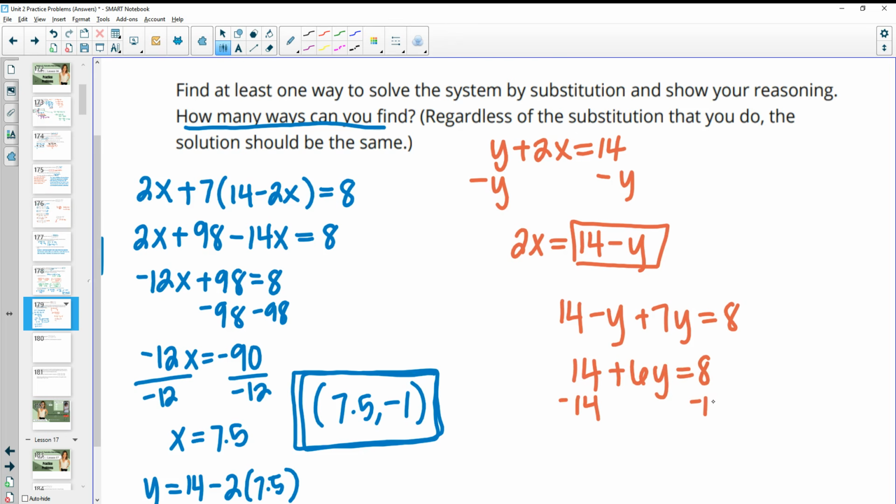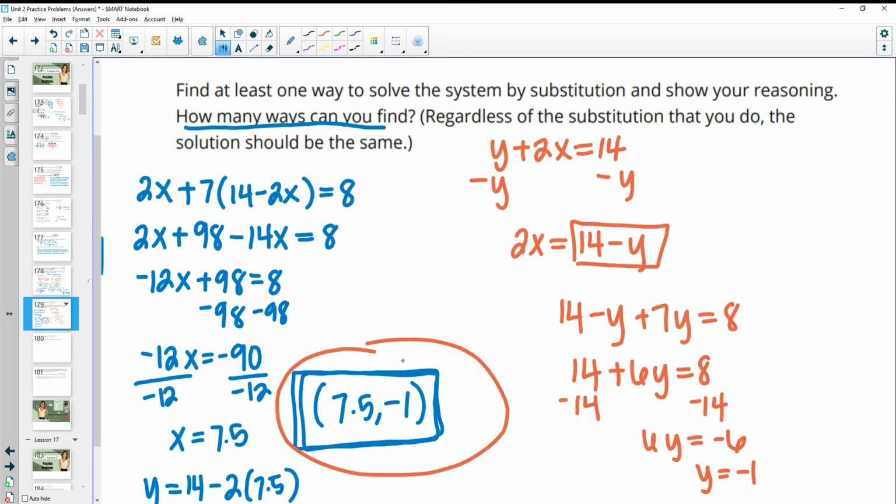Then you could subtract 14 and you get 6y equals negative 6. Divide by 6 and you get y equals negative 1. And then you could plug it back in to solve for x and you'd end up with this same solution. So that's another one that I see. There's a lot of them that you could do, but those are kind of the two easier ones.